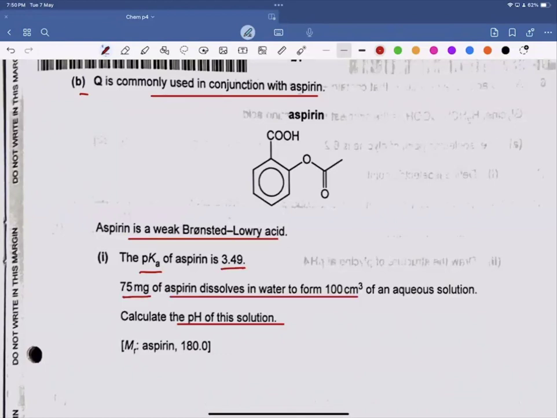Okay. To find the pH, we need the concentration of hydrogen ions, right? But here we are given the pKa, and to calculate the hydrogen ion concentration, we need the value of Ka.